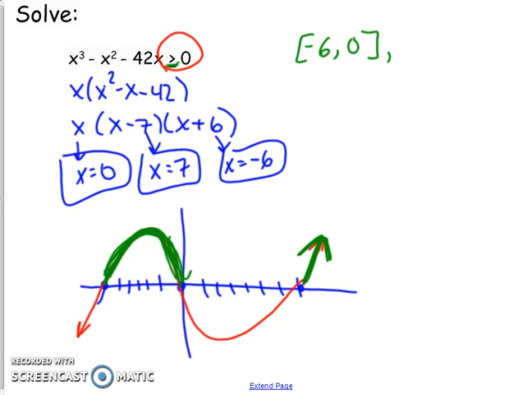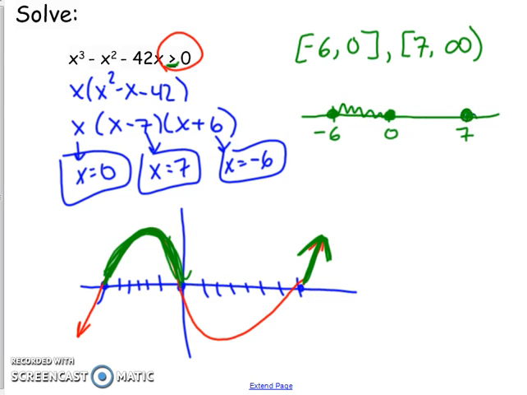And then also from 7, and it goes to infinity because it's to the right, and that's going to be a parenthesis since it can't include infinity. On our number line, -6, 0, and 7. It's going to be a closed circle at -6, closed circle at 0, what's in between them, and then a closed circle at 7 to the right.